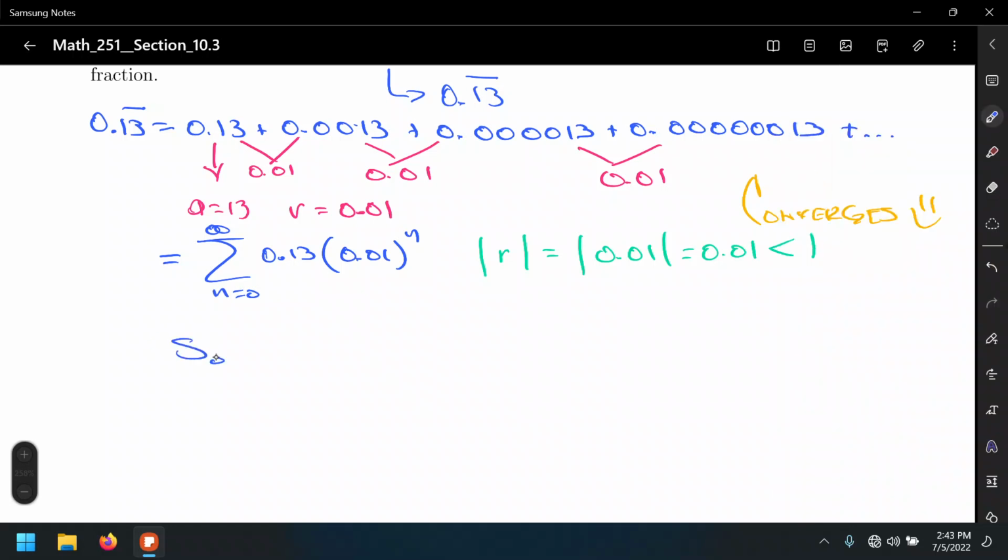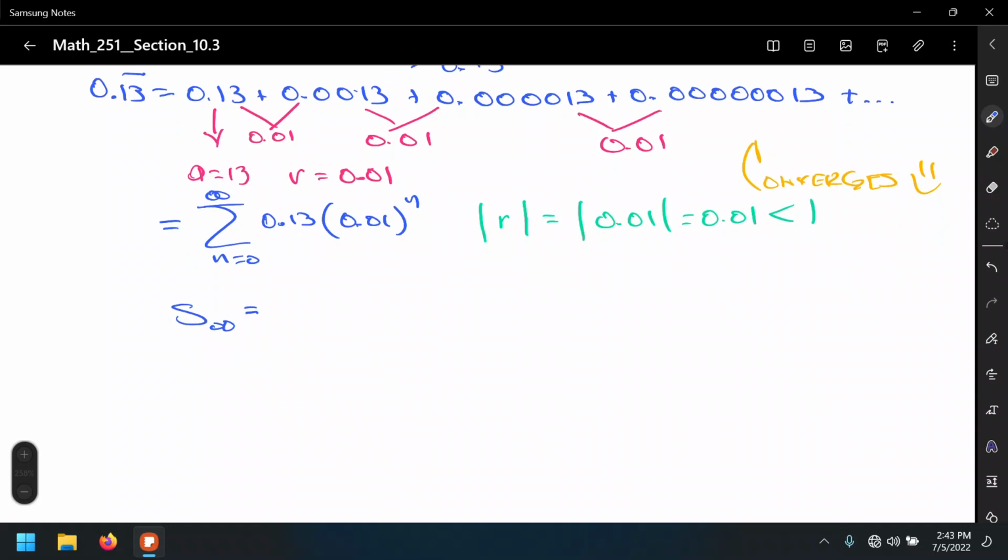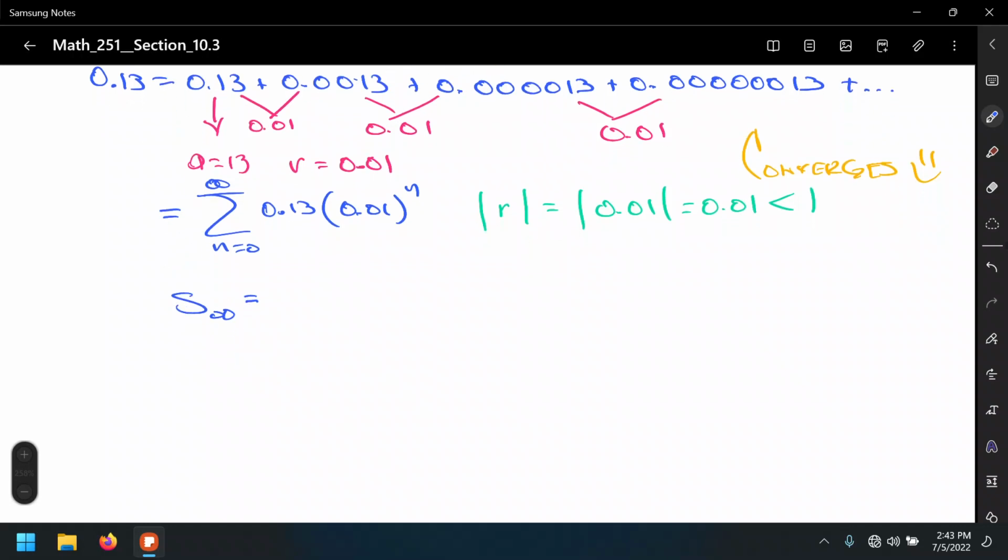Then let's find the infinite sum. That is, this infinite sum will be the representation in fraction, so that'll be a over 1 minus r.